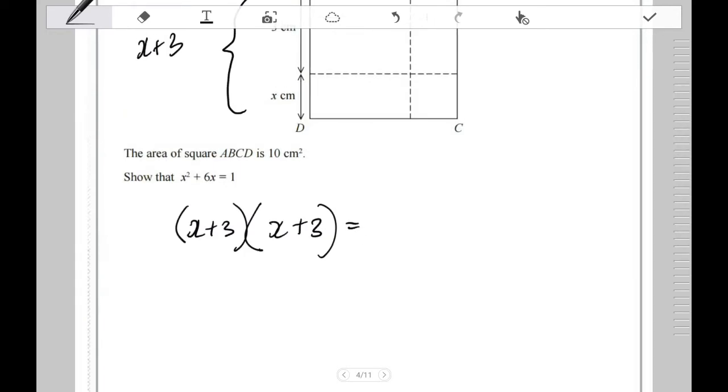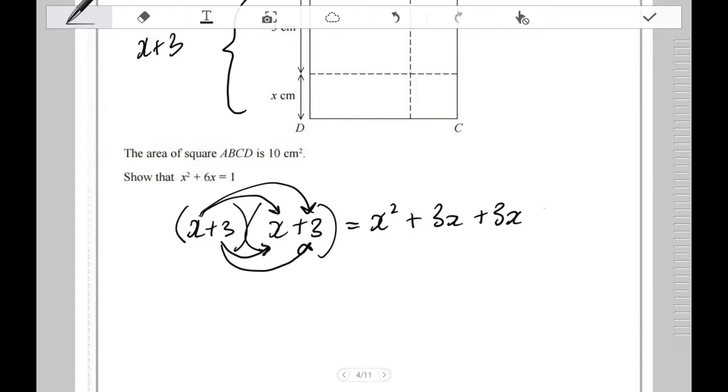And then we expand these two brackets, so you get x squared plus 3x plus 3x, which is that and that, plus 9 equals 10. According to this, the area of the square is equal to 10 centimeters squared. Let's write that clearly.